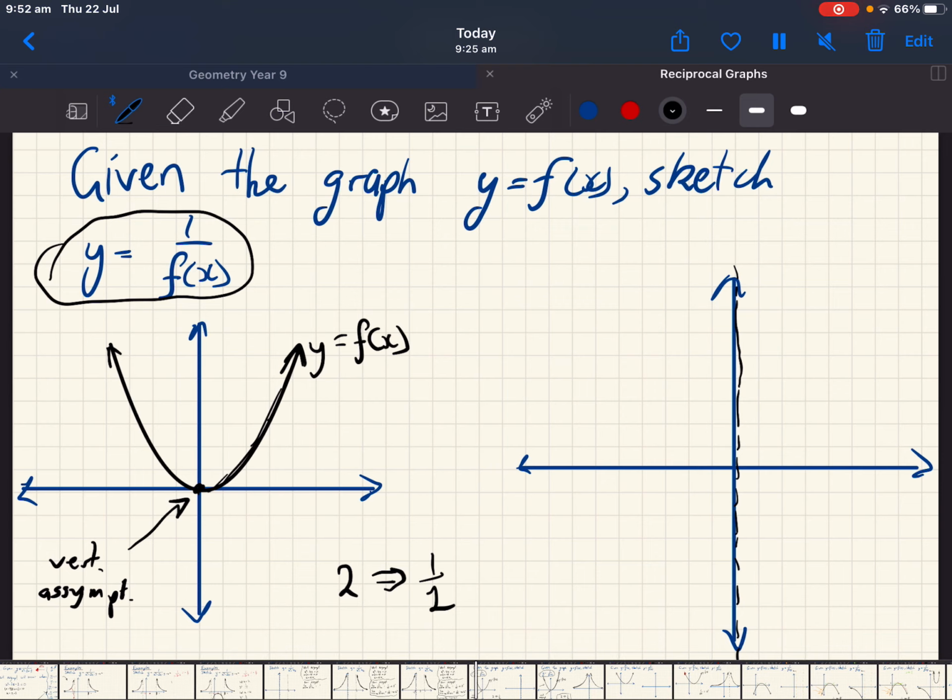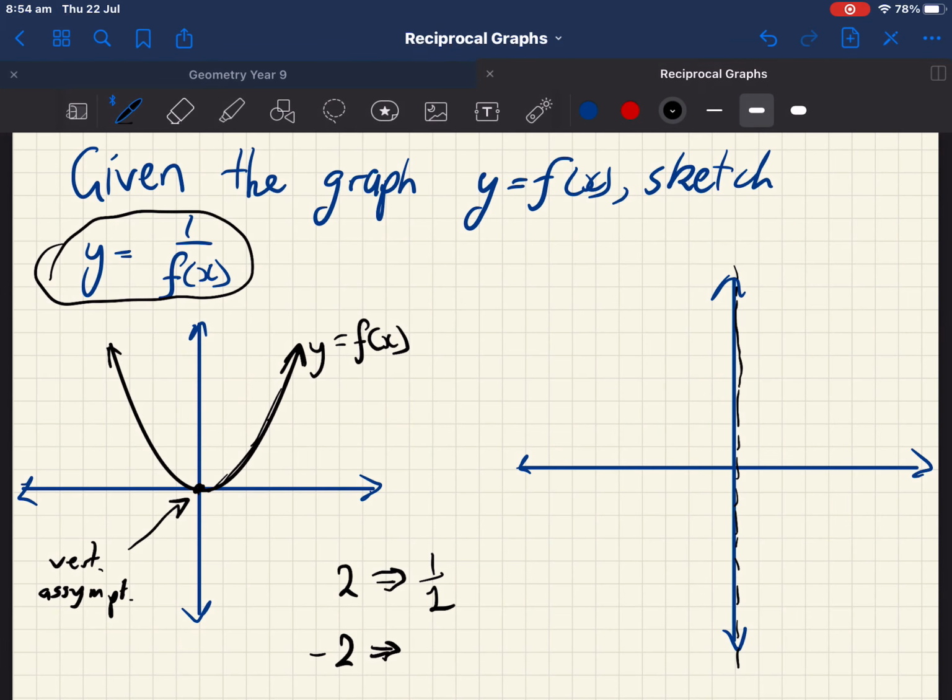Likewise, if you had a negative value for f of x, if you're below the x-axis, here we've got -2, the reciprocal of it will be negative too. So the signs of the actual values won't change. Positives of f of x, the reciprocal will remain positive, and negatives of f of x, the reciprocal will remain negative. So we can work out vertical asymptotes nice and easy, and we also know whether it's going to be above or below the x-axis.